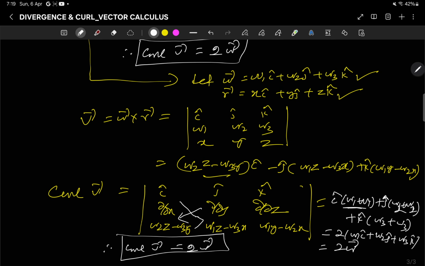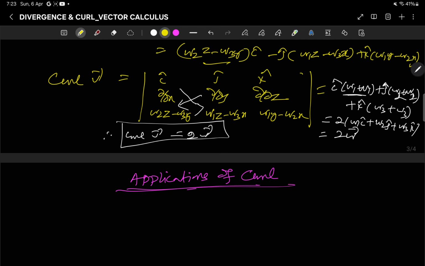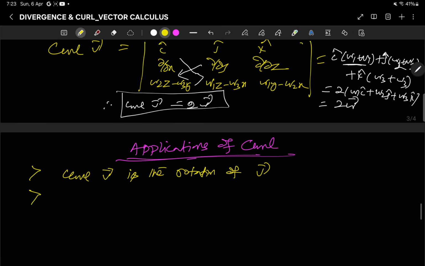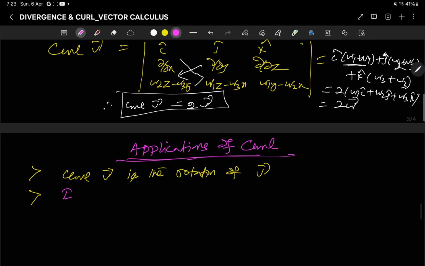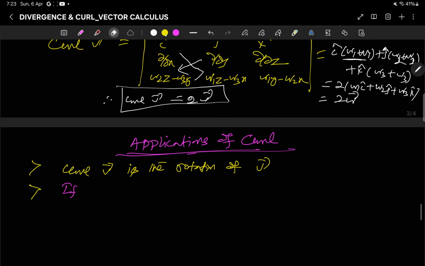Now coming to the properties and some applications. First, applications of curl. As we see, curl V is the rotational aspect of V, the rotation of V. Now the moment V is irrotational, if the body is irrotational, with no rotation, then what will happen?